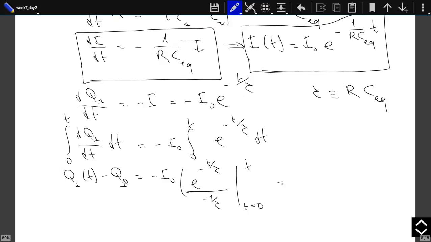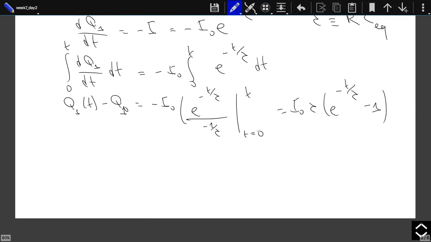So this is equal to I0 times tau times (e to the power minus t over tau minus 1). So Q1 is equal to Q1,0 plus I0 tau (e to the power minus t over tau minus 1).